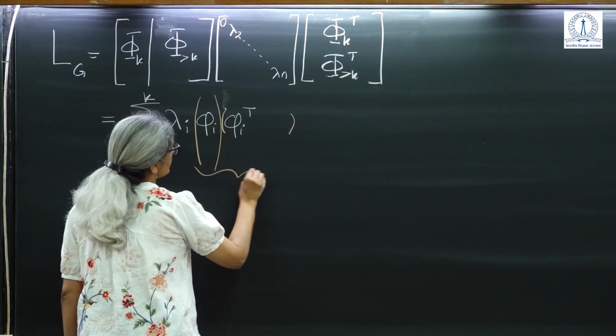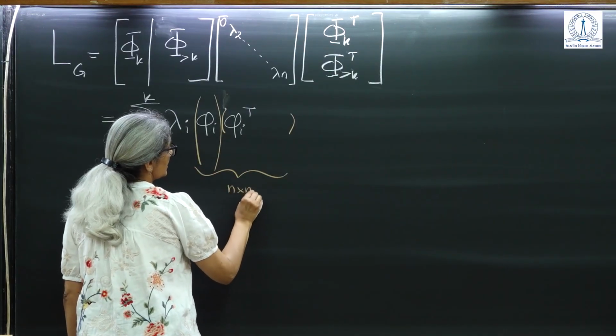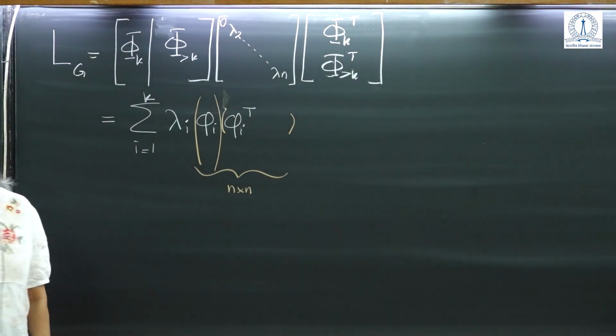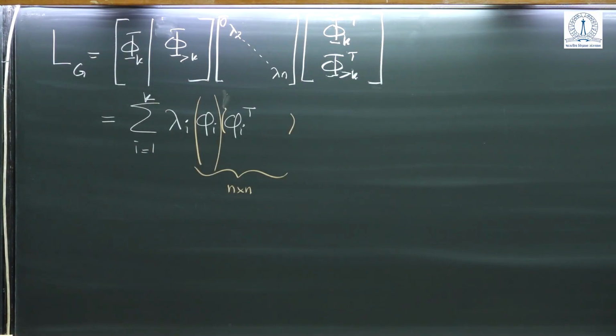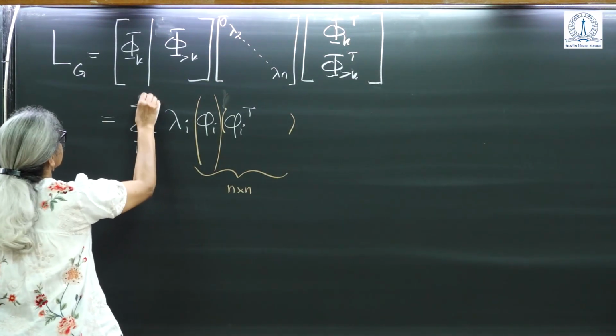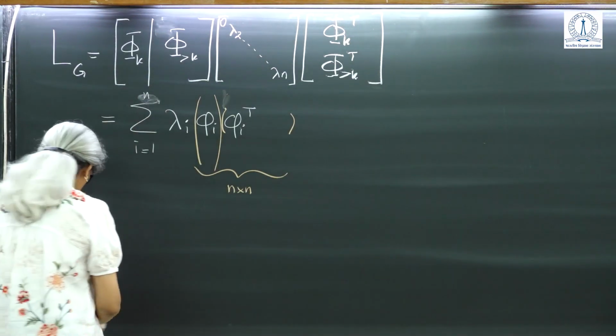So altogether this is an n by n matrix. Okay? So this is the way to write the spectral decomposition as a sum of rank 1s. Good? The sum is from 1 to n. Okay, so this we know.